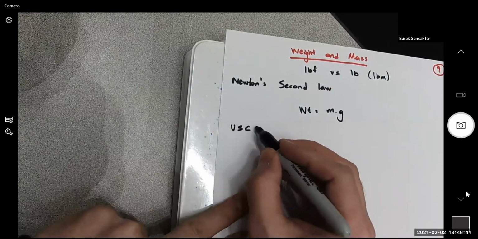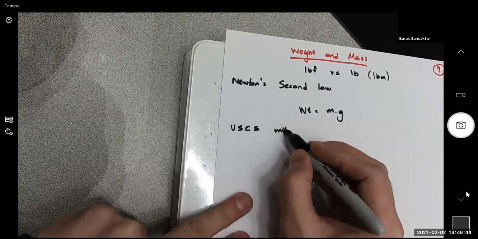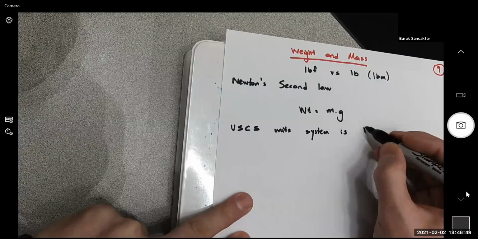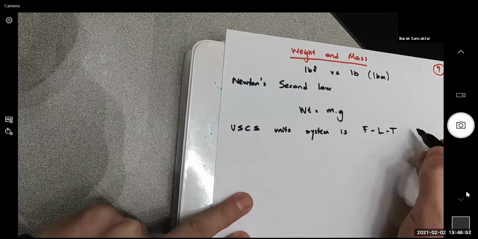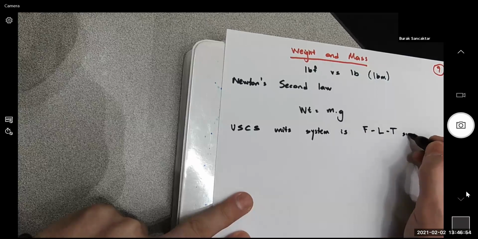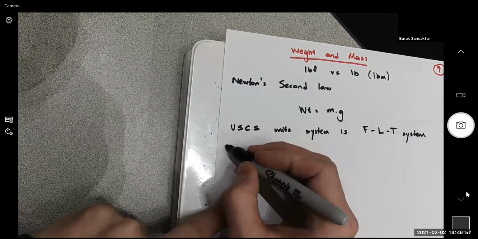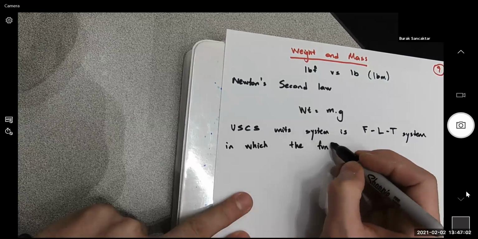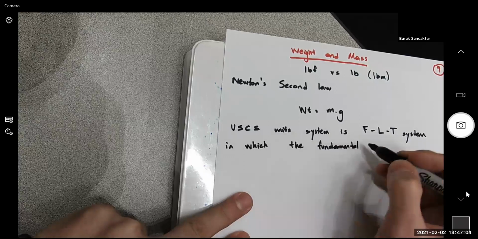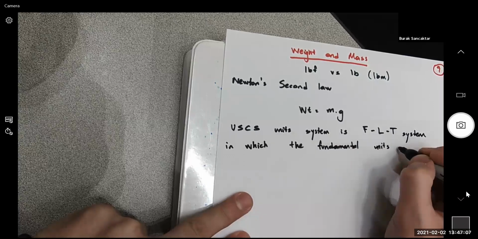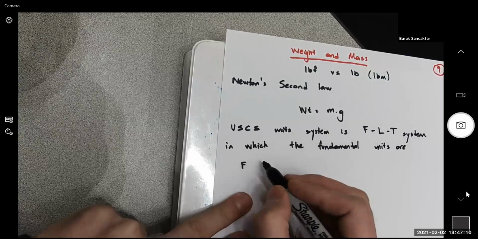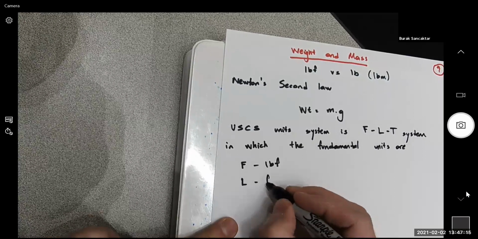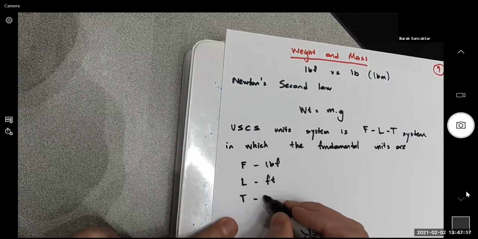The US customary units system is a system in which the fundamental units are force, length, and time.